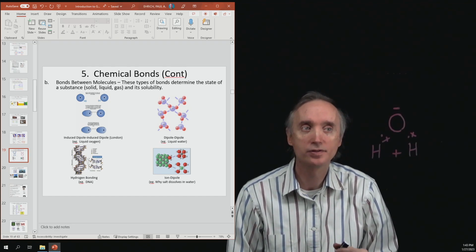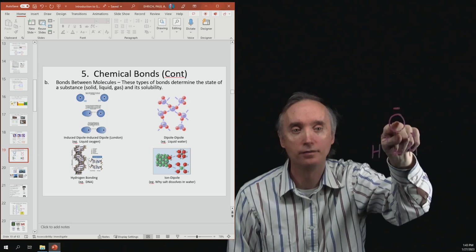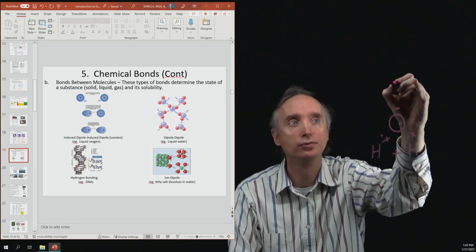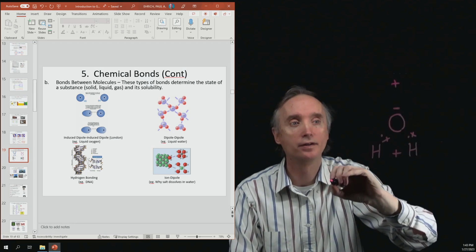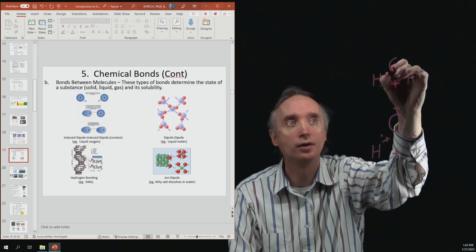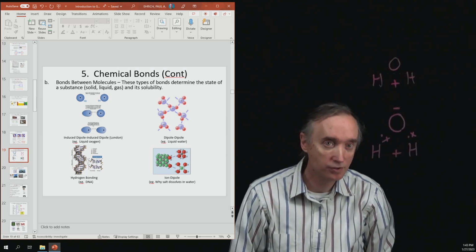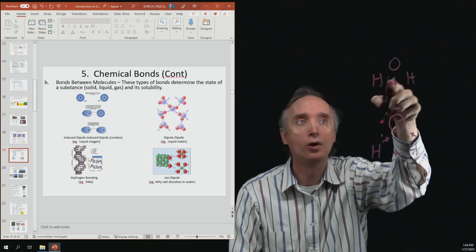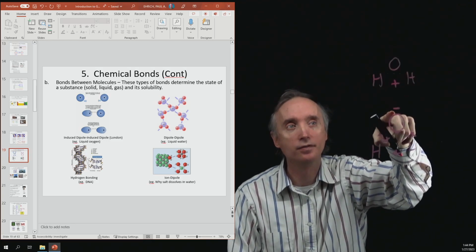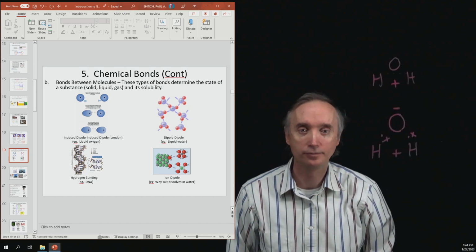So do you notice that the negative end of this dipole could be attracted to the positive end of another water molecule? So up here is another water molecule, and do you see how they lined up so that this negative end is attracted to that positive end?